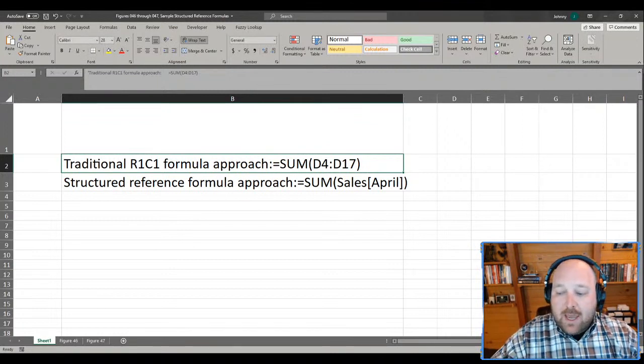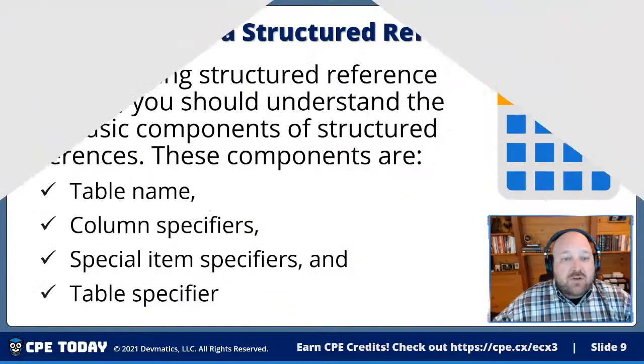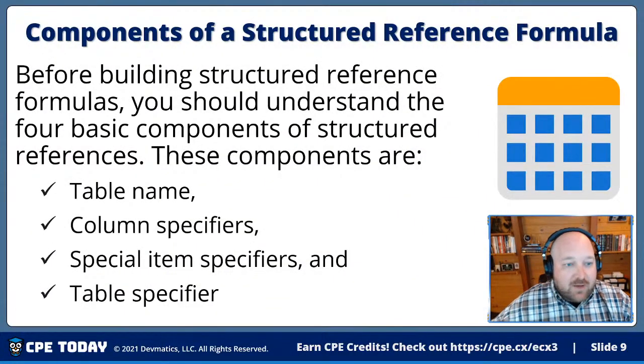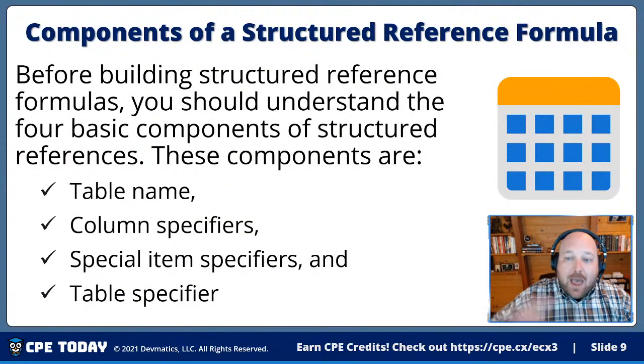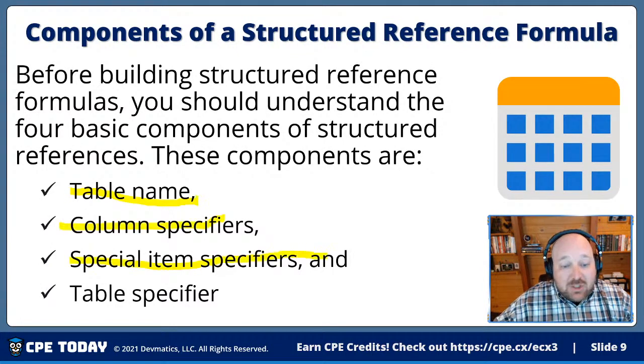Now, if we try to understand the positioning of everything here in terms of how we will write that formula, there are a couple specific things that we need to know. These are the components: we have table names, we have column specifiers, we have any sort of special specifiers, more on that in a moment, and then we have any sort of additional operations that we choose to do.